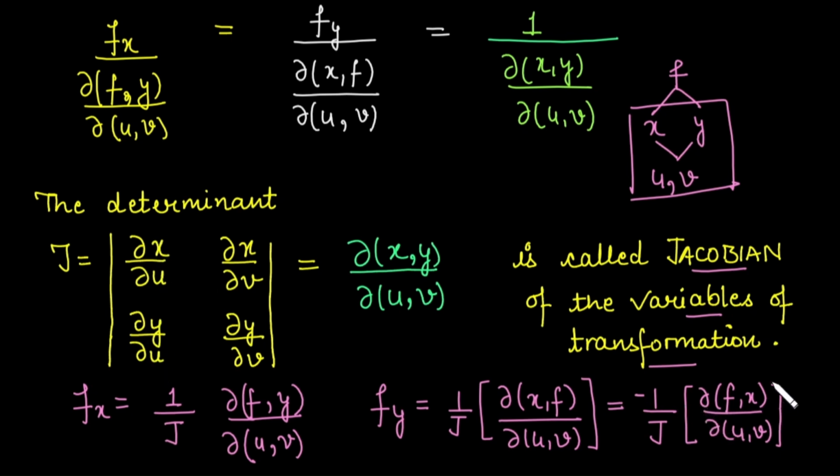Rather than taking a partial derivative of x with respect to u and v in the first column, we are taking the partial derivative of the function with respect to u and v. It means we have interchanged the two rows, and with the interchange of two rows, we get the negative of the same determinant.